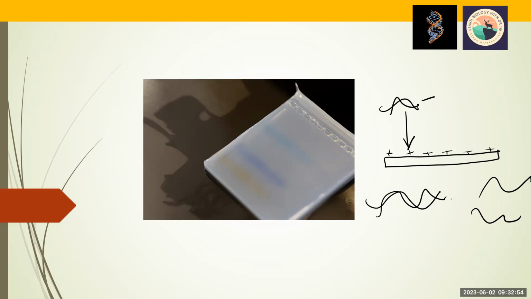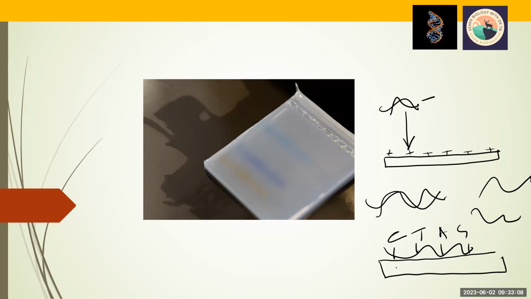For that, the hydrogen bonds should be broken. After that, we get single strands like this, C, T, A, G, attached to the nitrocellulose membrane. This is the expectation at the end of this process. So we need to get single-strand DNA firmly attached to the nitrocellulose membrane.